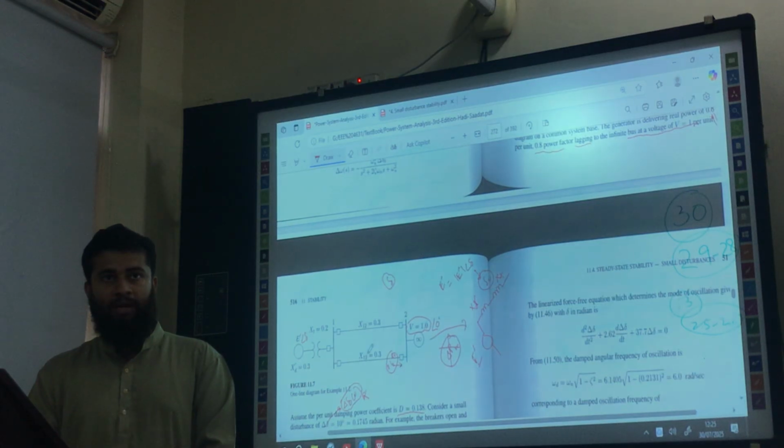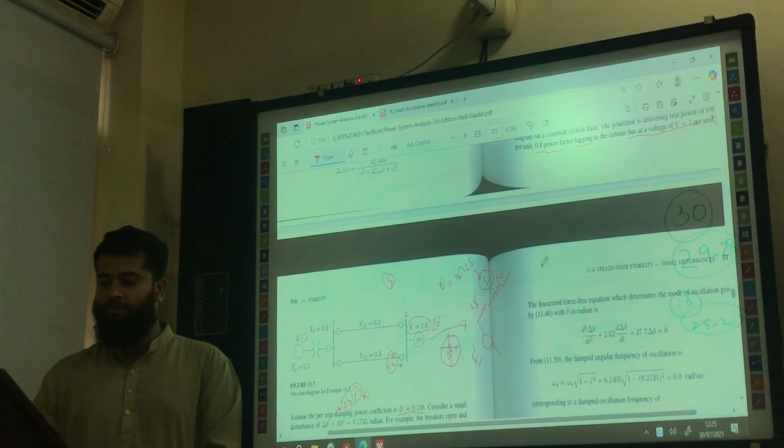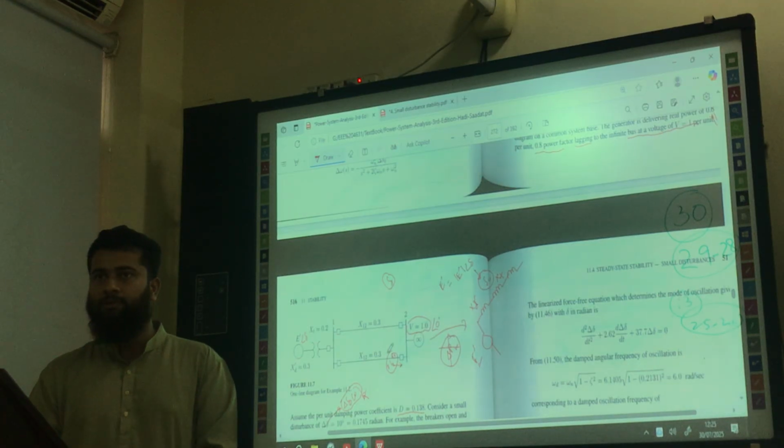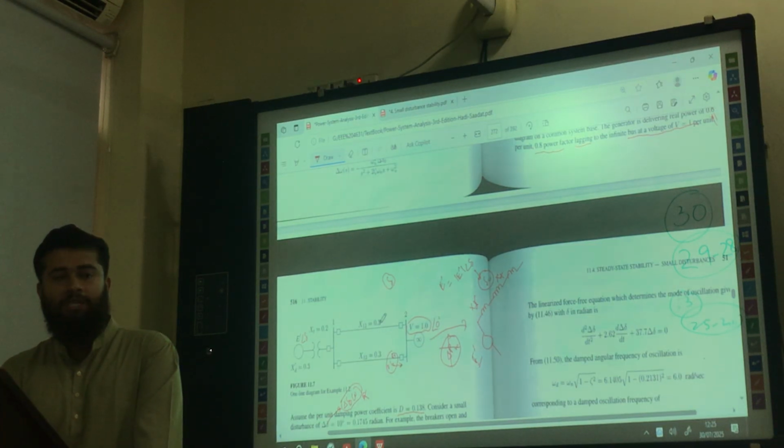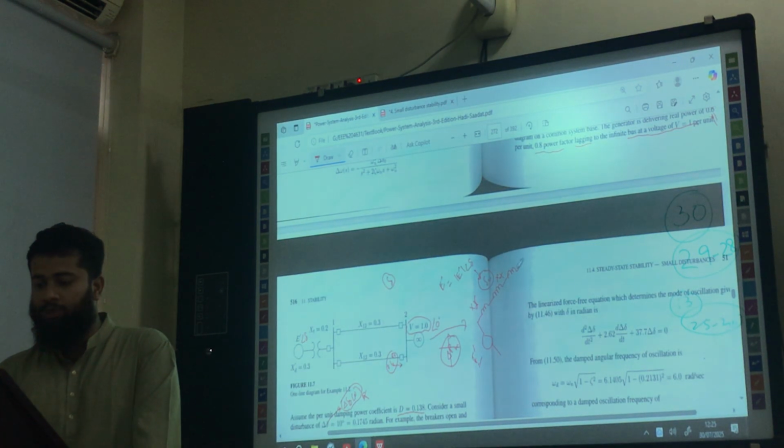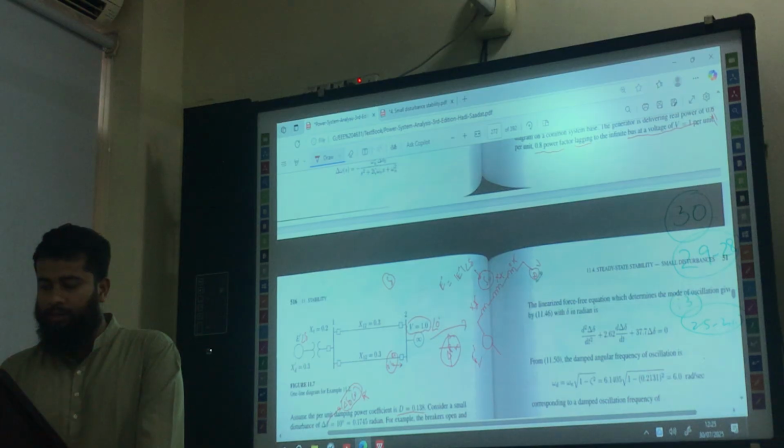Then these two parallel reactances can be drawn as a single one, right? And what will be the value of this? It will be the same value, so 0.3 divided by 2, simply 0.15. And finally, this infinite bus. Then this should be connected, right?